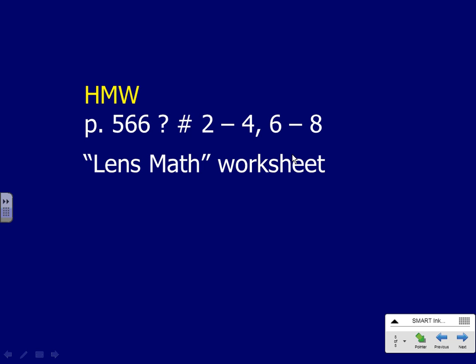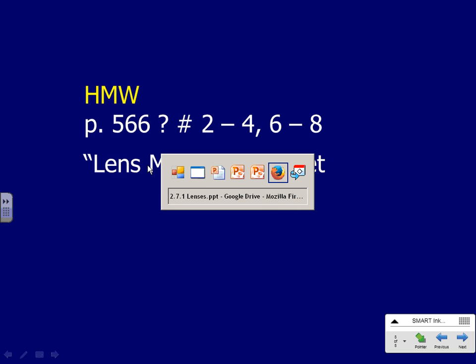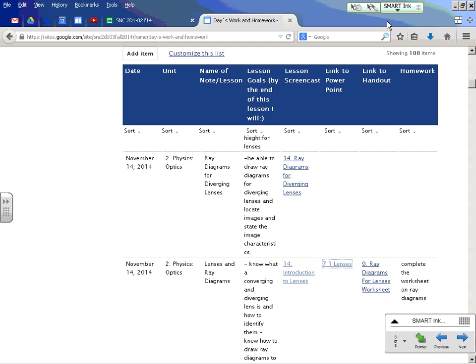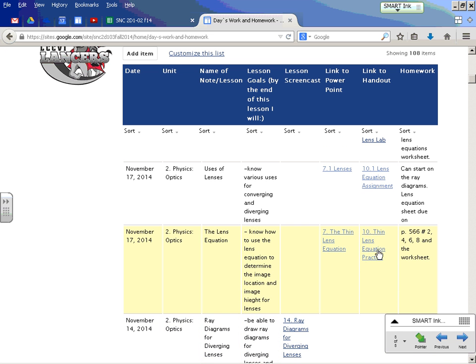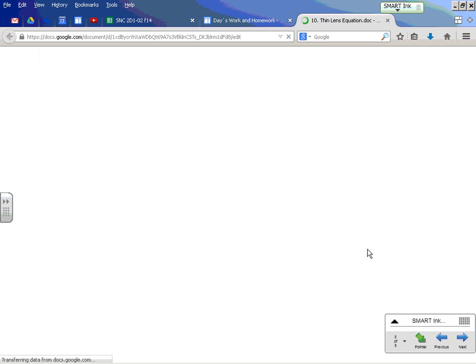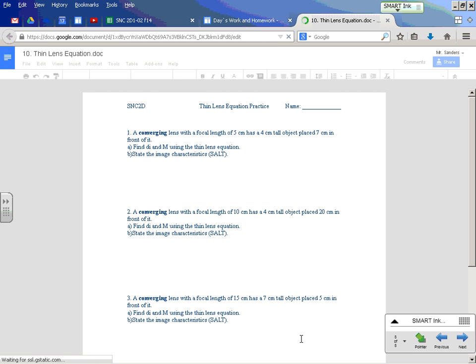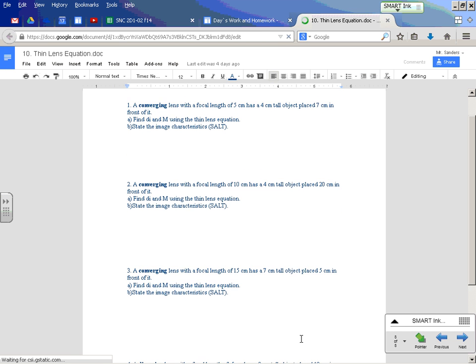Let me show you what this stuff looks like. Now it says Lens Math Worksheet, but I changed the title. So go into the PowerPoint here. So here we've got lenses. So the thin lens equation practice, I'd like you to do it first. There's only 4 of them. It looks just like what we just did.